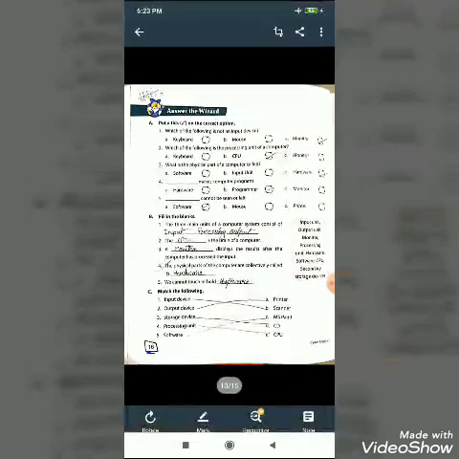What is it? CPU, central processing unit. The central processing unit is the brain of a computer. Third, a monitor displays the result after the computer has processed the input.